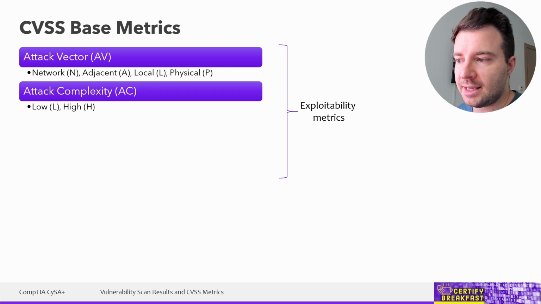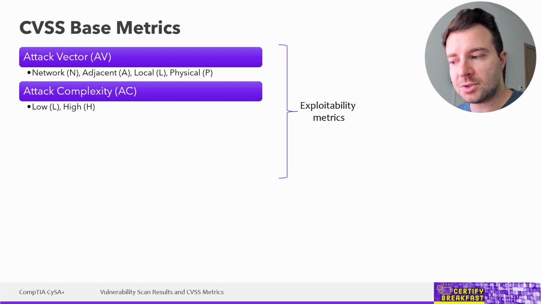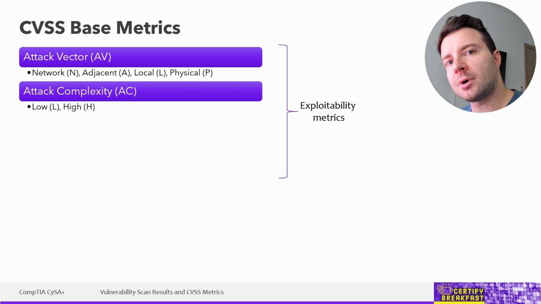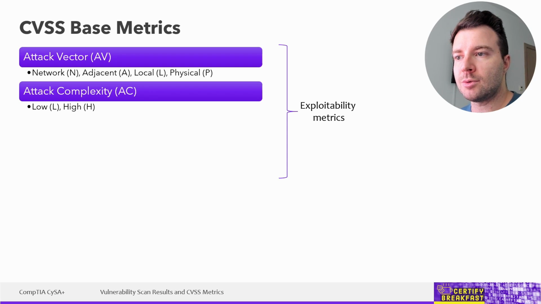But on the other hand, a high attack complexity can mean any number of things beyond the attacker's control. So for example, situations where the attacker must obtain some specific files, maybe some hashed passwords, maybe some shared secrets, or situations where the attacker must prepare the environment beforehand, like making sure that it's going to win a race condition or inject some malicious code in order to run the exploit.